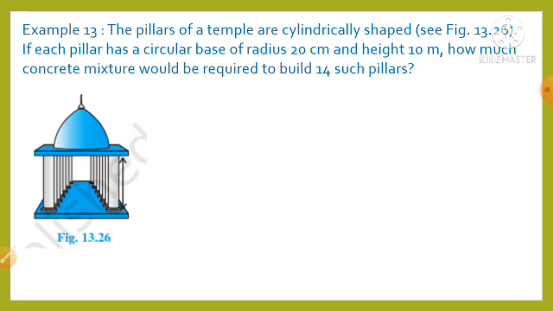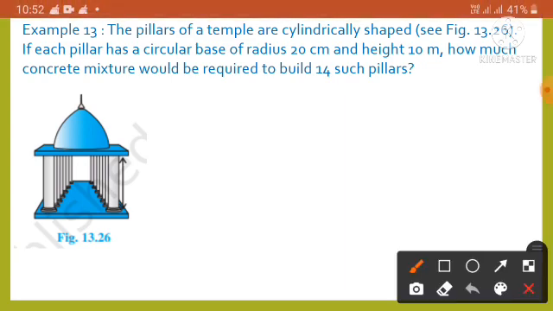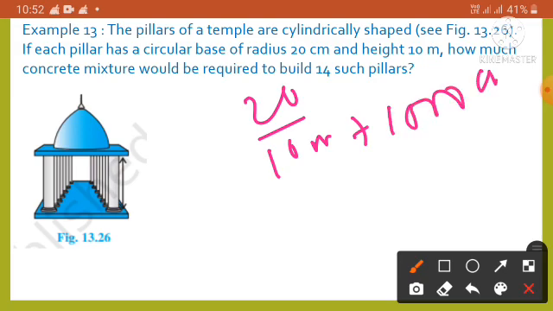So the radius of the base of the cylinder here is given as 20 centimeter, and the height of the cylindrical pillar is 10 meter. So 10 meter means 1000 centimeter. Okay, so easily you can find out the volume of each cylinder. Here it is pi r square h.